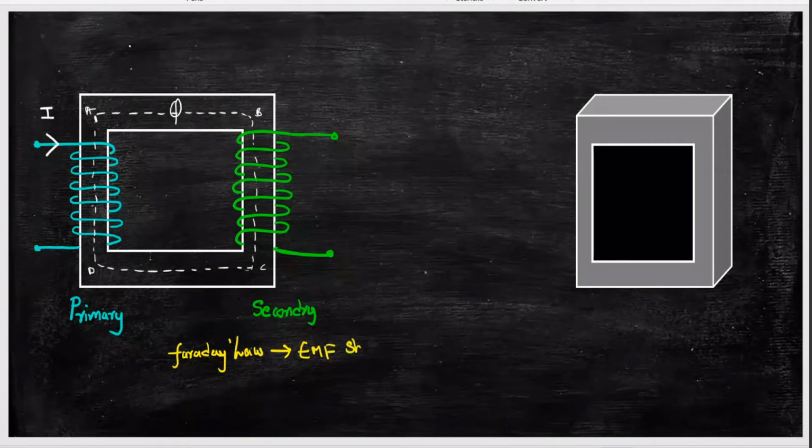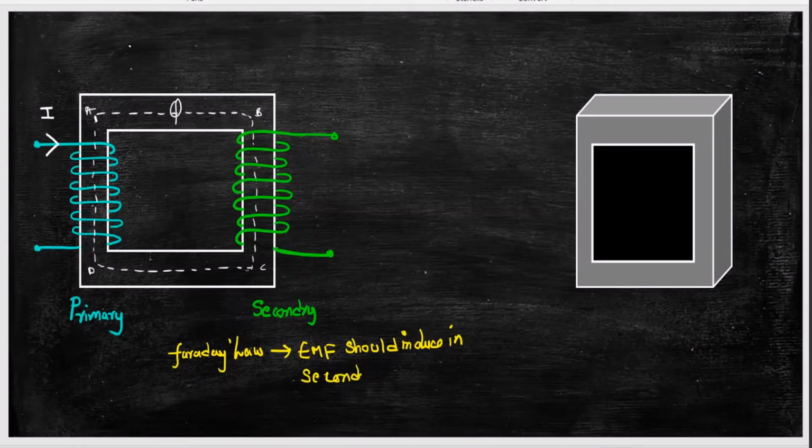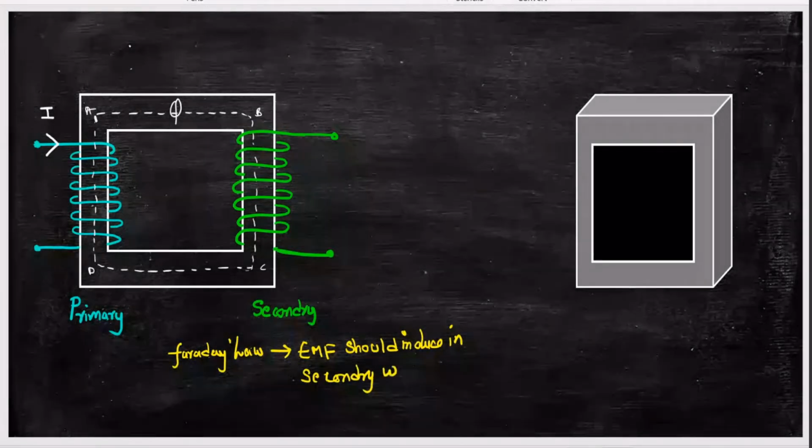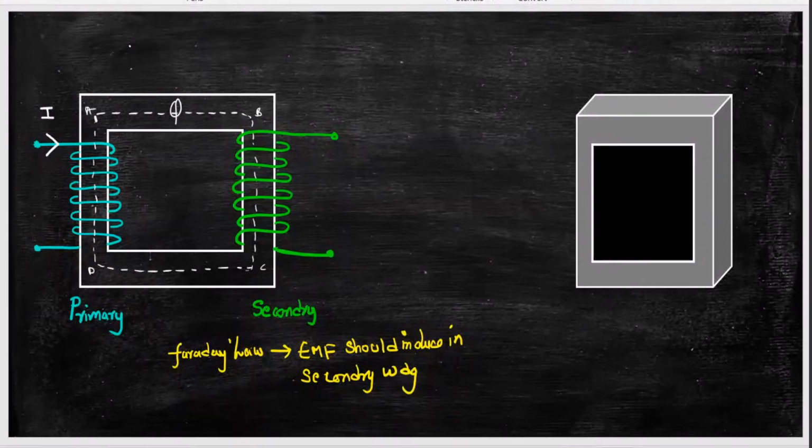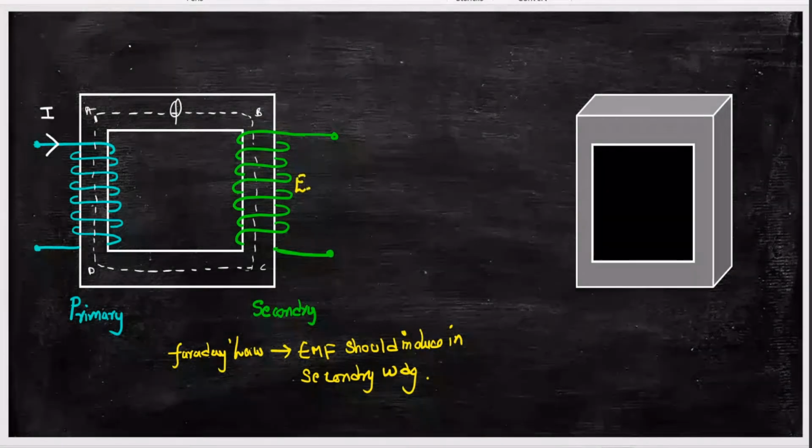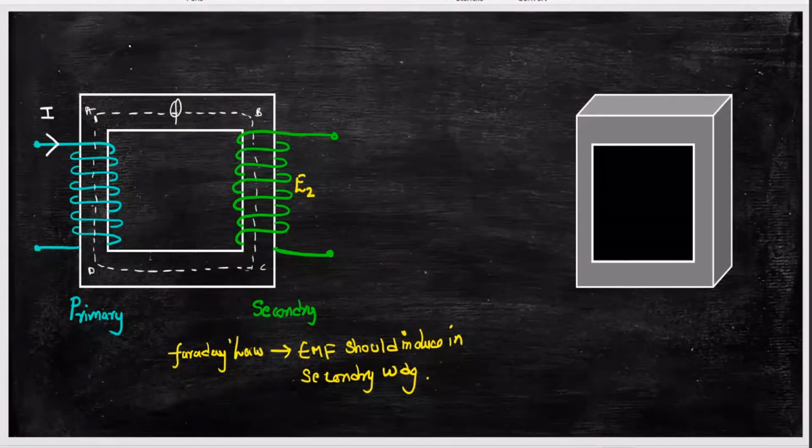in the secondary winding. That means E2, capital E2, is the EMF induced in the secondary winding.